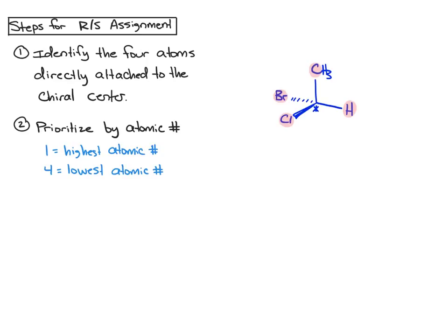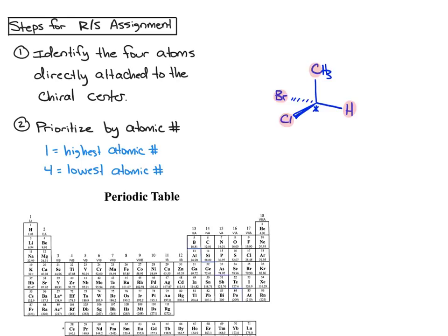Our next step is to prioritize these atoms, and we prioritize them by the atomic number. So we'll have to use a periodic table to help us out here, and we're going to give the number 1 priority to the highest atomic numbered atom, and then we'll go 2, 3, and 4 to the lowest atomic numbered atom. Let's bring up the periodic table here for just a minute to help us out.